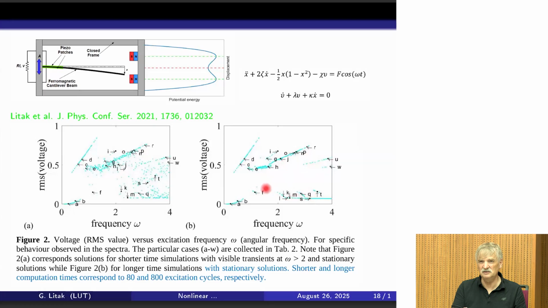I should also tell how this diagram with branches was prepared by us. This is not a continuation, but it is the voltage output, which is estimated for random initial conditions, and finally we noticed that only if we change the velocity, like a random velocity, we can put the initial condition of a displacement in one of the equilibrium points, telling that this is the left equilibrium point, the negative one, and we select the random velocity.